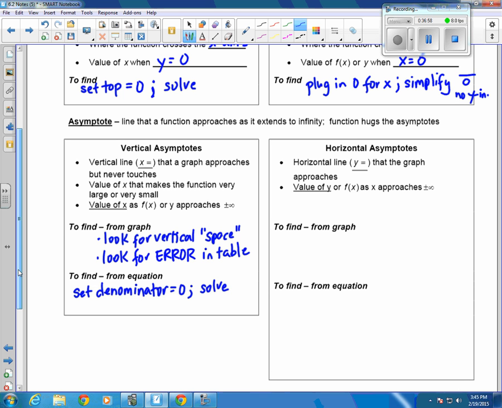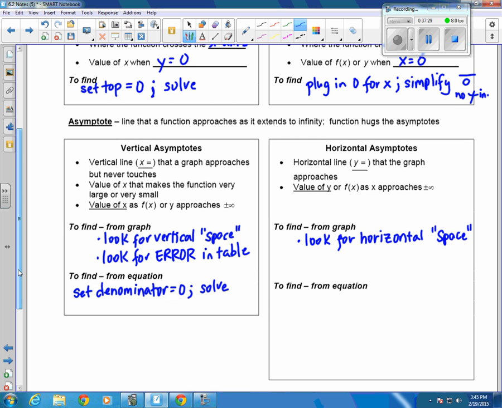Okay, last little bit. Horizontal asymptotes. This is what we were just talking about. To find it from the graph, can we look for the little horizontal gap? Can we look for the little space there? Horizontally? Yeah. Right, we also used the table some.